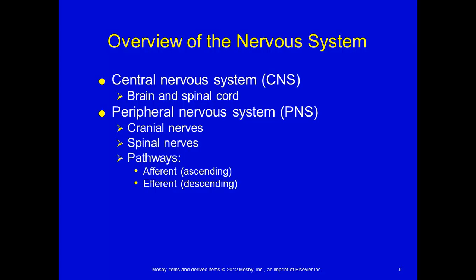The central nervous system consists of just two things, the brain and the spinal cord. The peripheral nervous system contains all the other things in the periphery, so cranial nerves, spinal nerves, and two specific pathways I want to spend a little time talking about here on this screen.